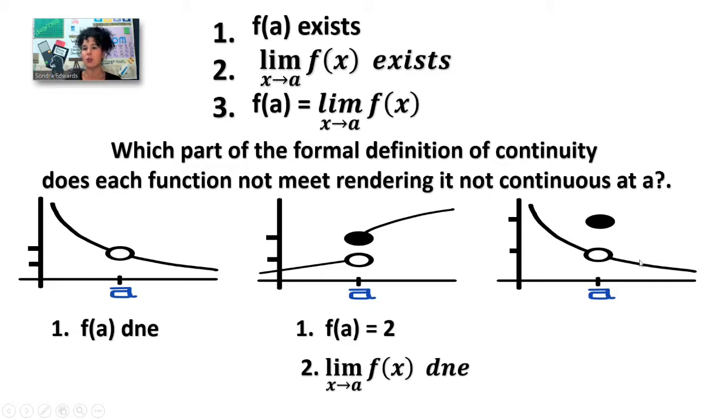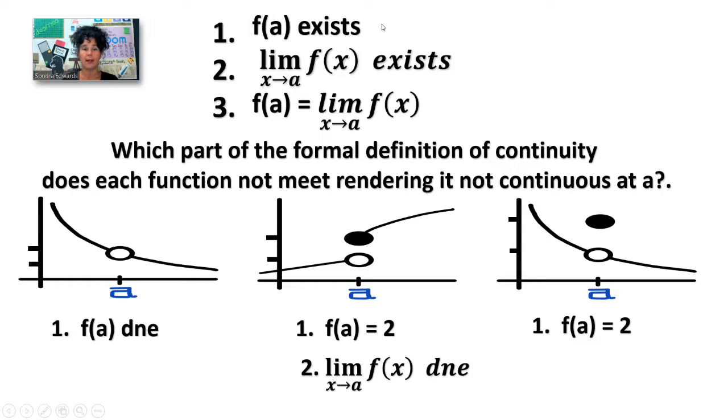All right, let's go to the third one and prove using the 3-part definition that it is not continuous at a. Starting with number 1, f of a has to exist. So if I substitute in a, I go up until I hit it, and I hit it right there. So it has an answer of 2. So f of a equals 2.